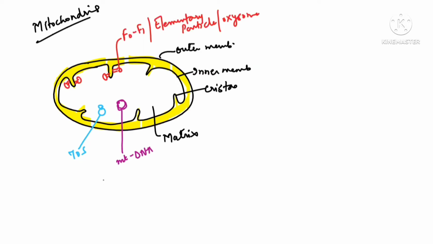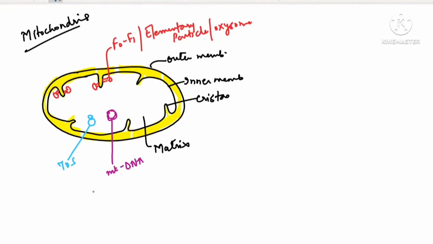The mitochondria is actually gram negative aerobic bacteria. We believe mitochondria is gram negative aerobic bacteria. Why am I saying this? Because if you remember in the transport chapter we studied, the outer membrane has porin protein. And porin proteins are present in certain bacteria, in mitochondria, and in the plastids.